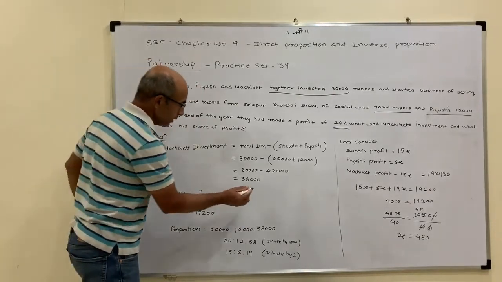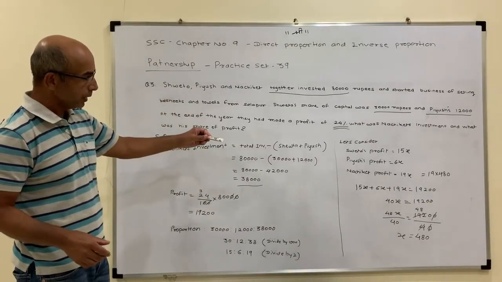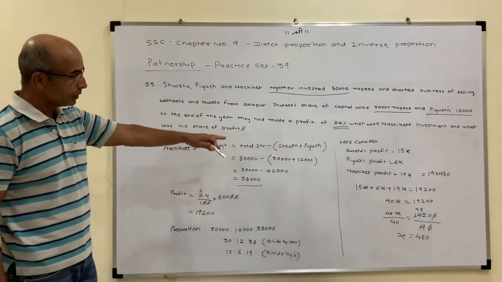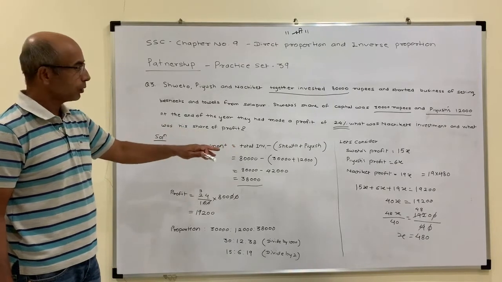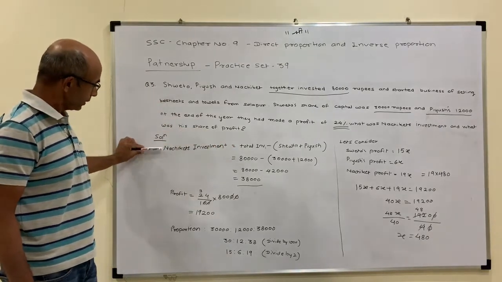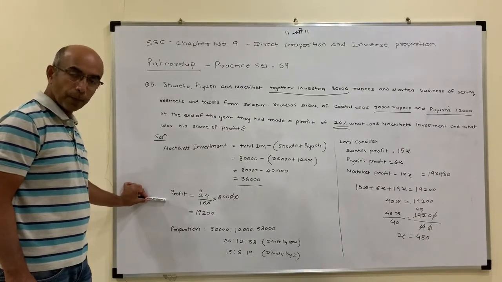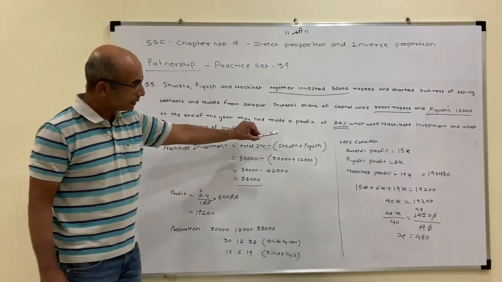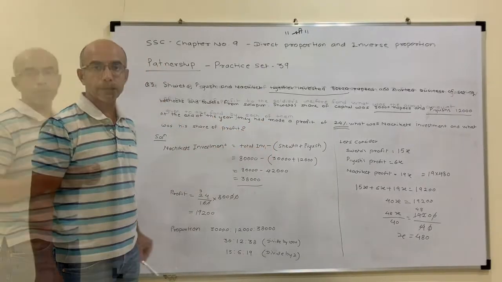This is the answer. And the last one was how much Nachiket's investment. This is the 38,000, and how much Nachiket's profit, that is that one answer. So here we followed the steps: first find Nachiket's investment, second find the profit, third find the proportion, then considering the variable x, we found Nachiket's profit.